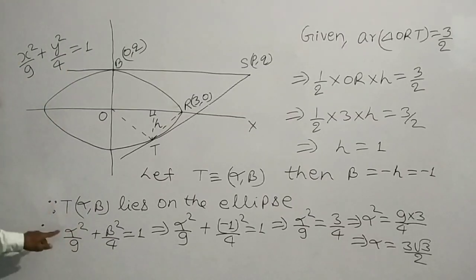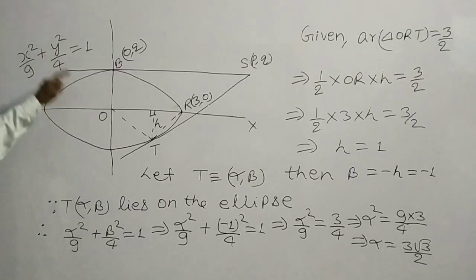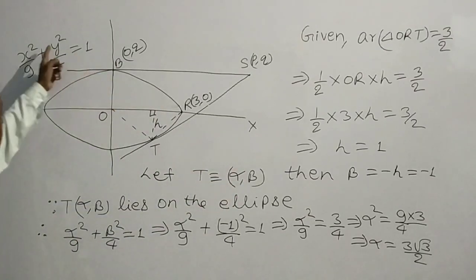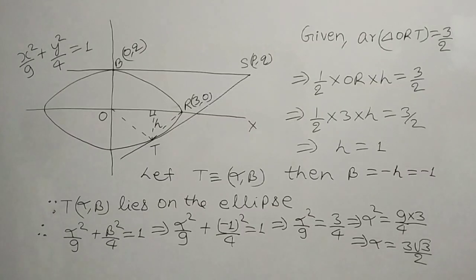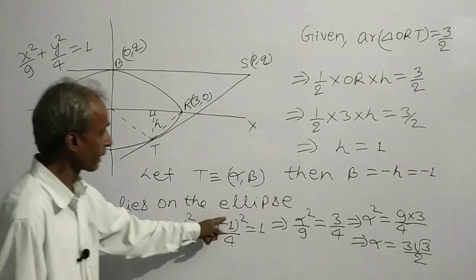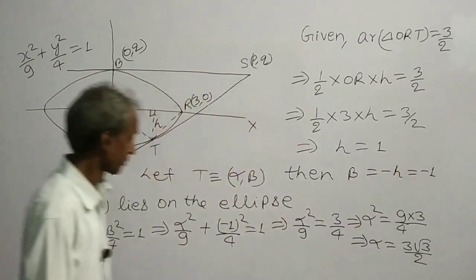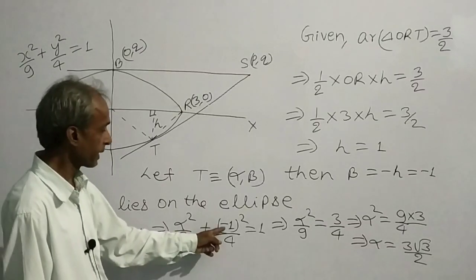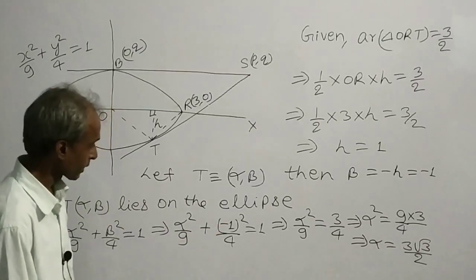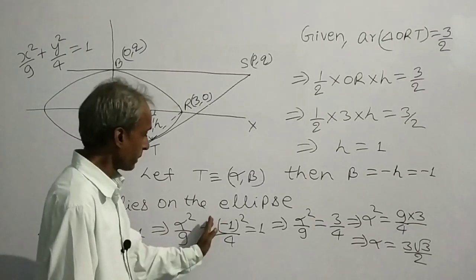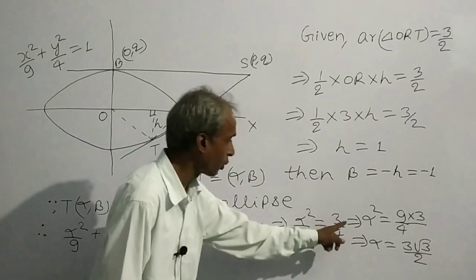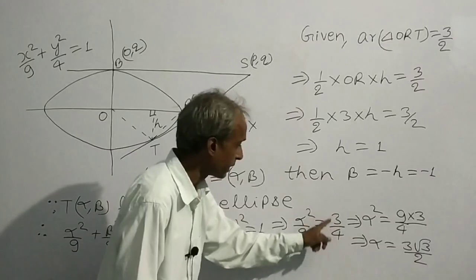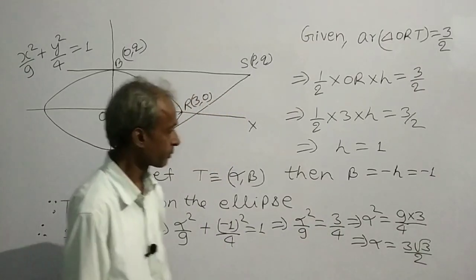Therefore alpha square by 9 plus beta square by 4 will be equal to 1. But beta is equal to minus 1, therefore we write minus 1 here. When we shift this on the right hand side, 1 minus 1 by 4 will be equal to 3 by 4.